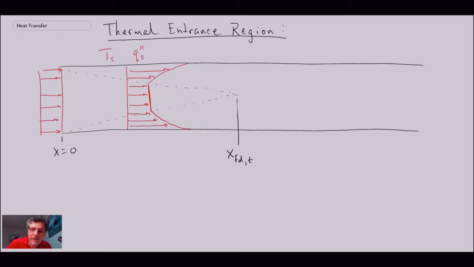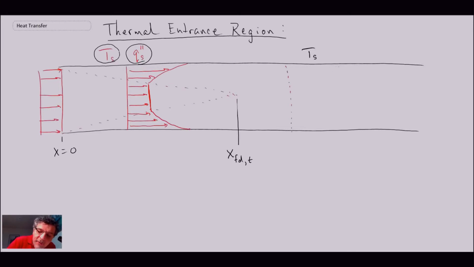Now, the nature of the profile that we will have is going to depend upon the boundary conditions around the pipe, be it a constant temperature boundary condition or a constant heat flux. I'm going to begin by sketching the case of a constant temperature boundary condition. This would be one where the wall surface temperature is different from that of the fluid.